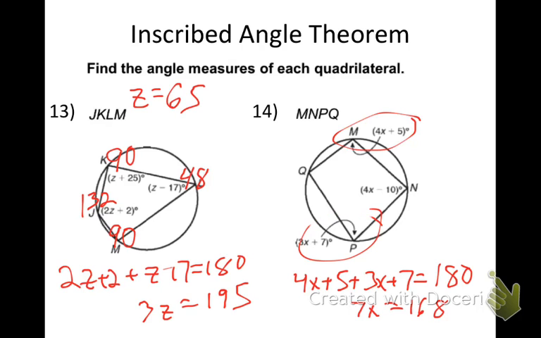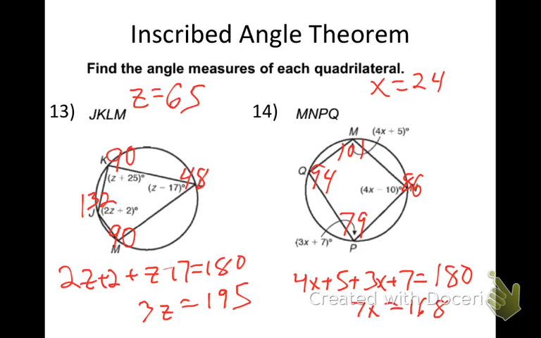Divide by 7 and x comes out to equal what, Trevor? x equals 24. And then I end up getting angles of 101 and 79. Then you end up getting 86 and 94. Nice job. Those are the angles.